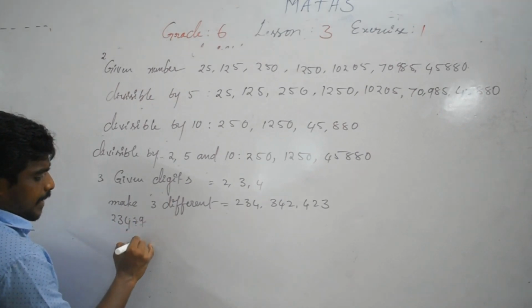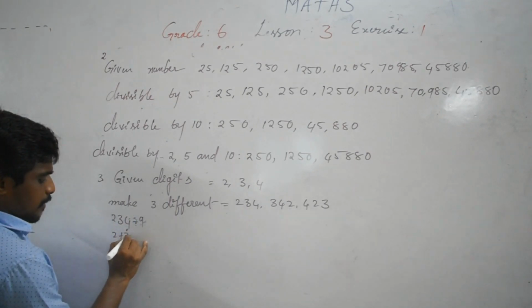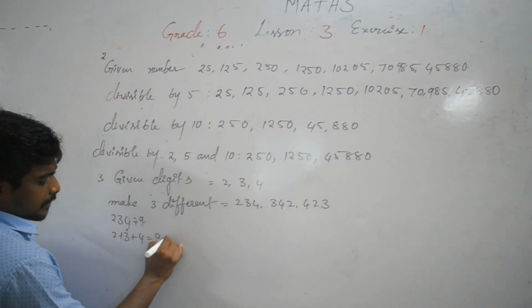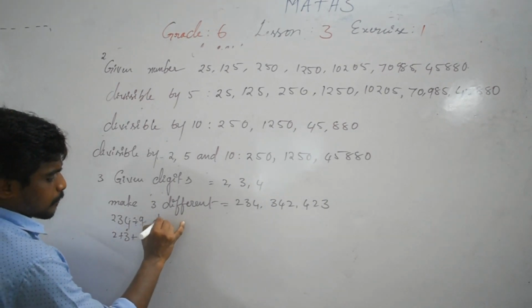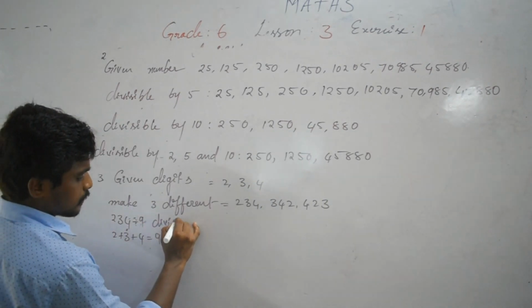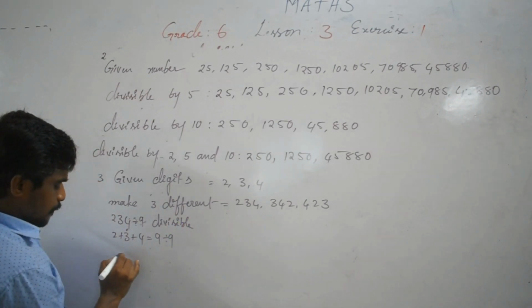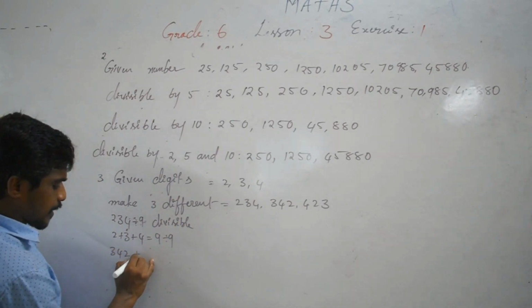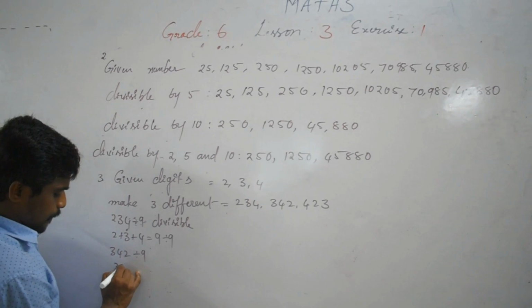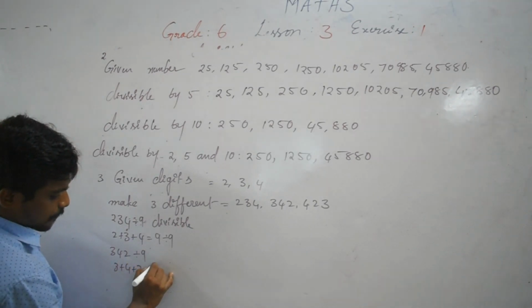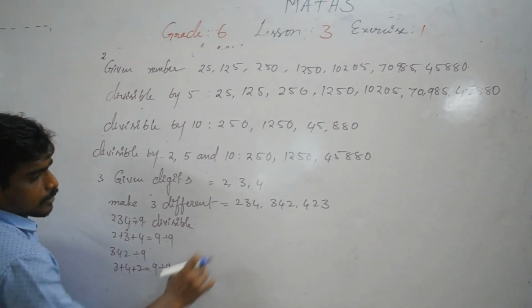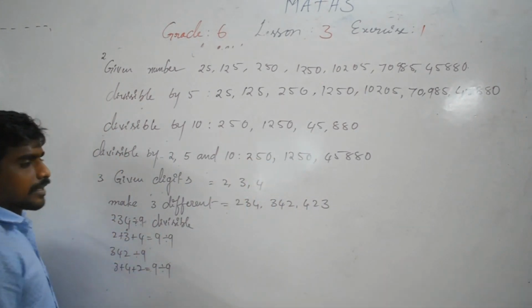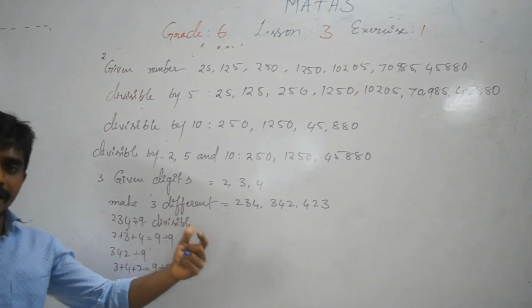234 divisible by 9. 2 plus 3 plus 4 is 9, divided by 9. Divisible. Next one, 342 divided by 9. 3 plus 4 plus 2 is 9, divided by 9. So these three digits we are adding, the sum is divisible by 9.